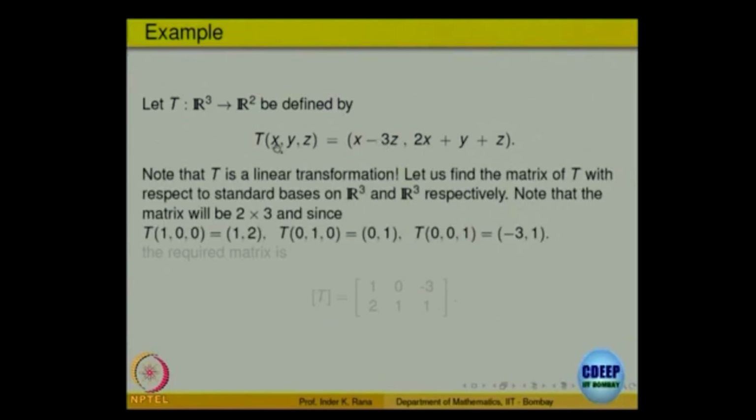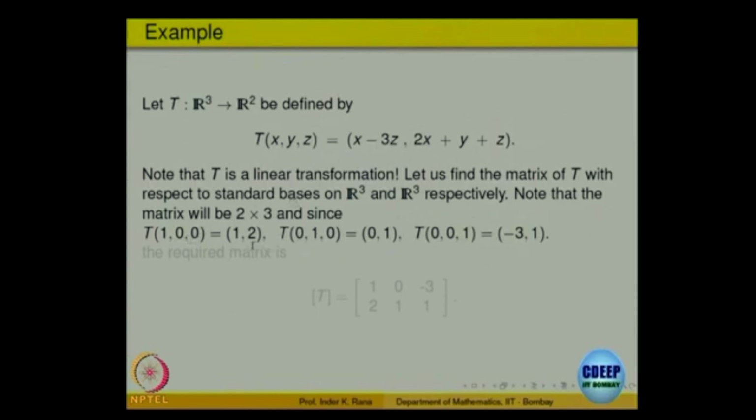So what will be the matrix of this? The order will be 2 cross 3, right. I want to get the columns of that matrix. So in the domain R3, let us fix the standard basis 1 0 0, 0 1 0, 0 0 1. 3 elements are there. For the first one, compute T of 1 0 0 according to this formula.